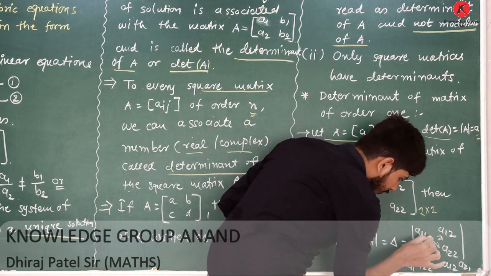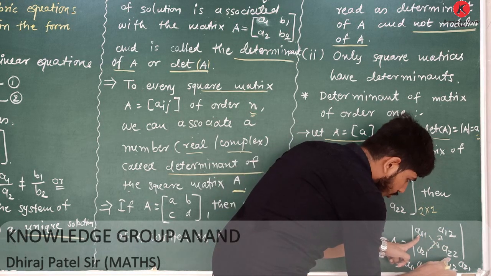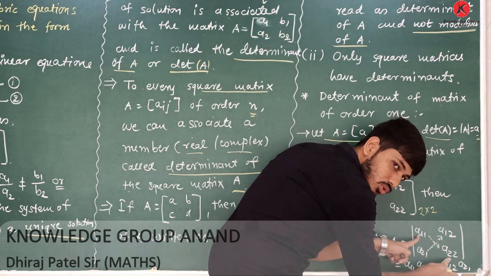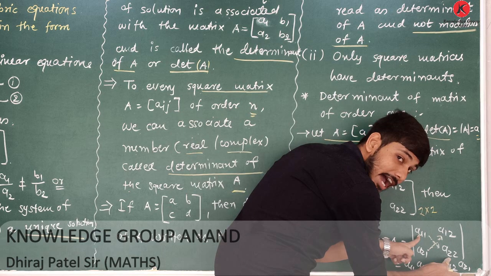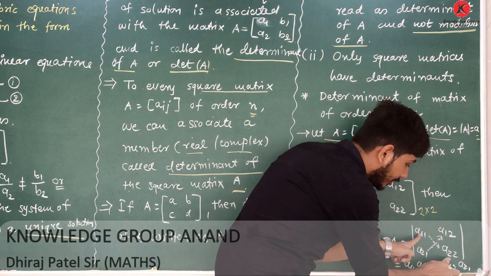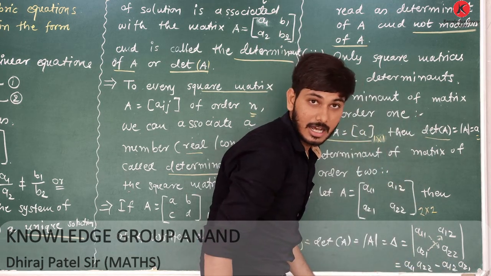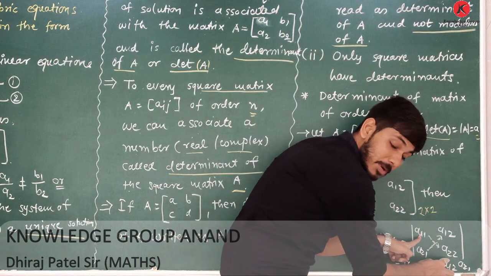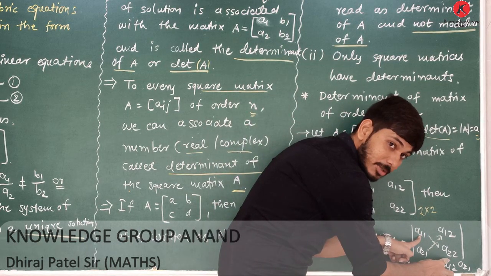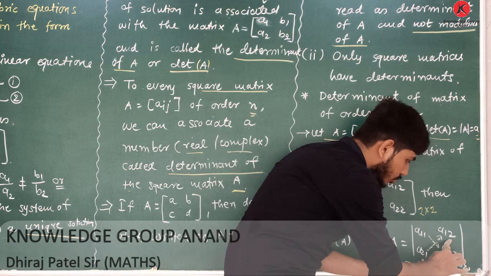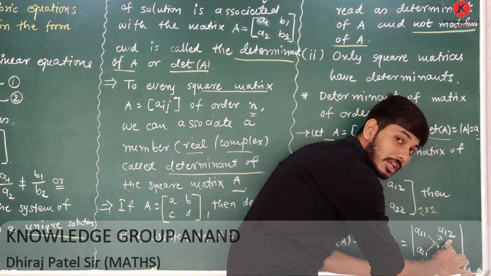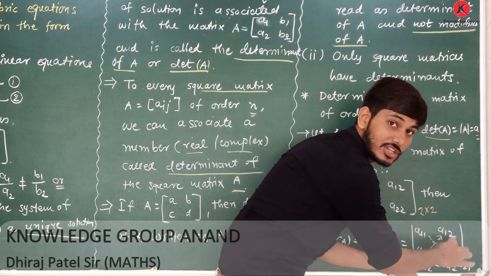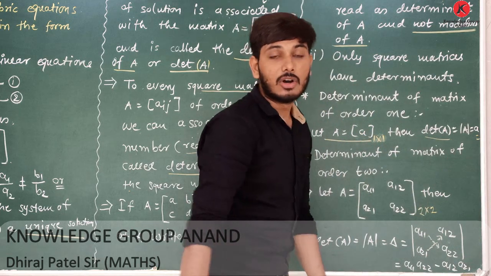Here a11 and a22 are the forward diagonal or primary diagonal of this determinant, and a21 and a12 are the backward or secondary diagonal.